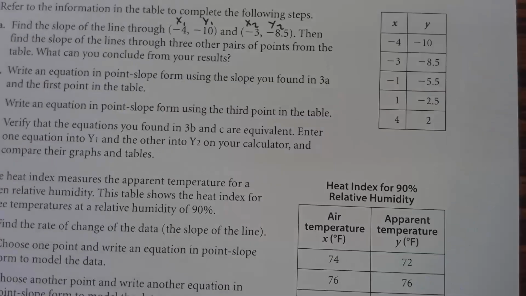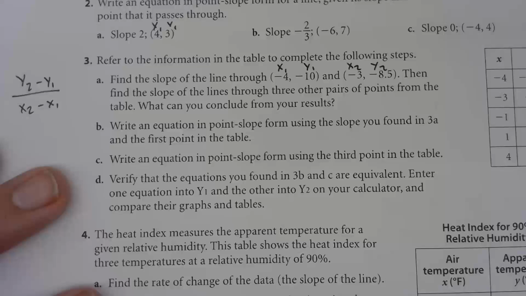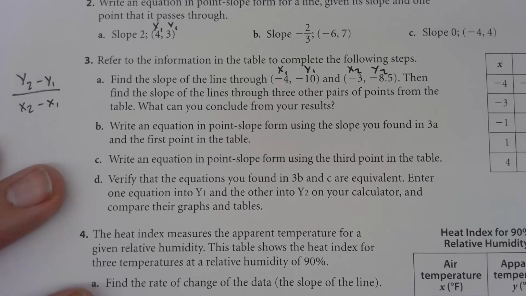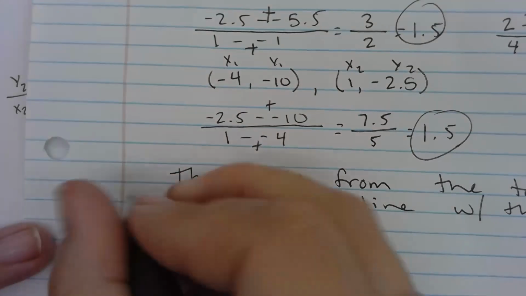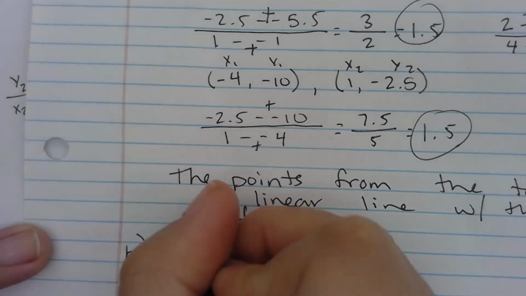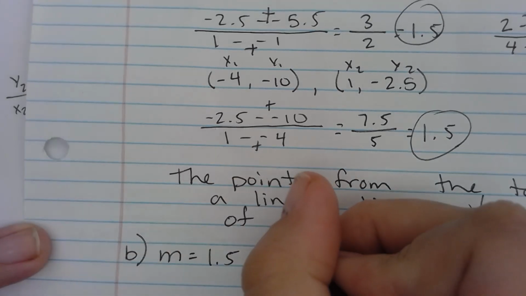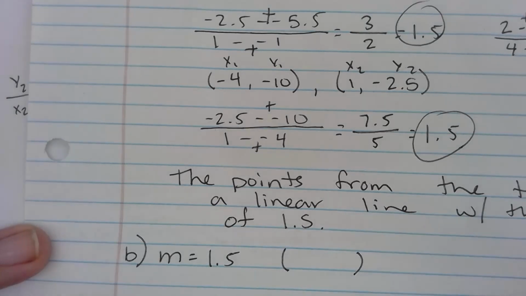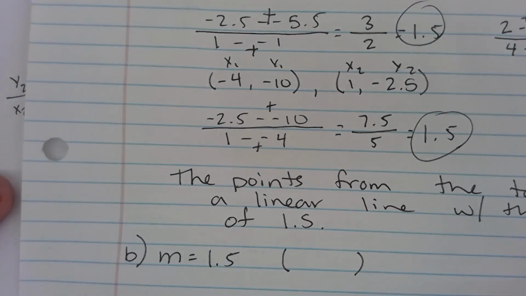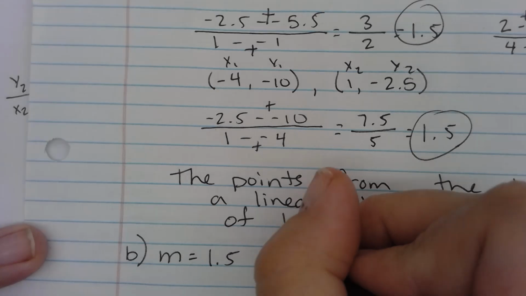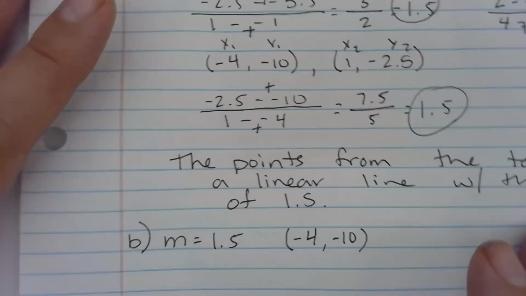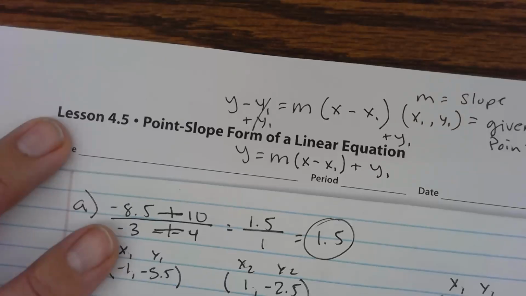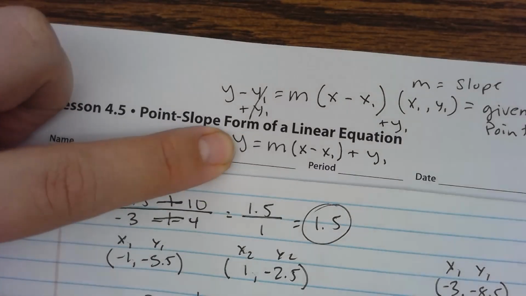So in B, write an equation in point slope form using the slope you found in 3A and the first point in the table. What was the first point in the table? What's the first numbers at the top? So we're using this equation.